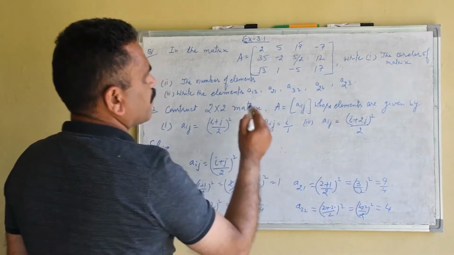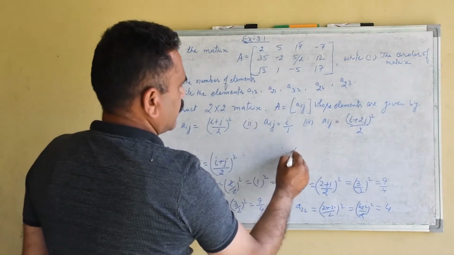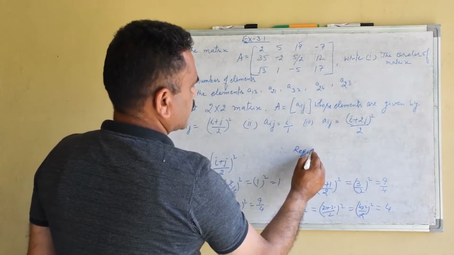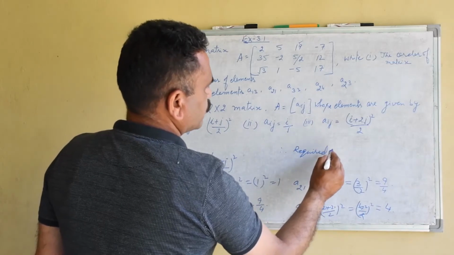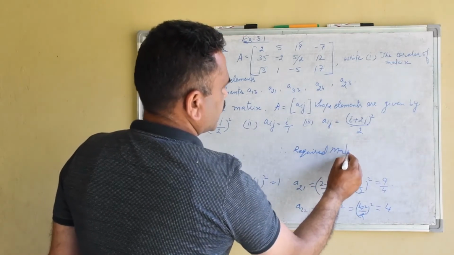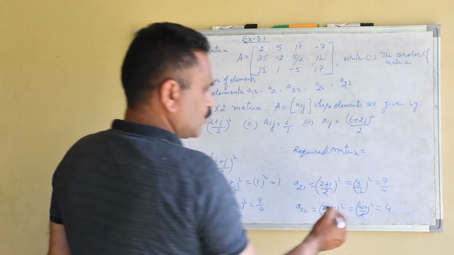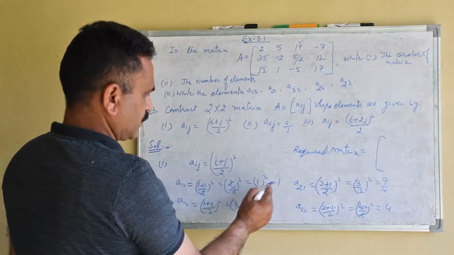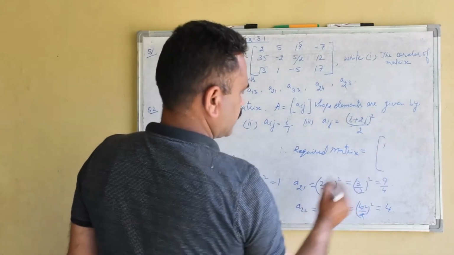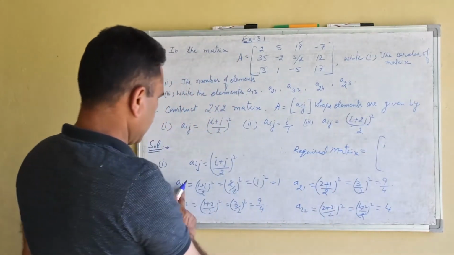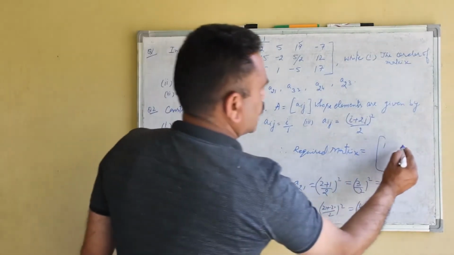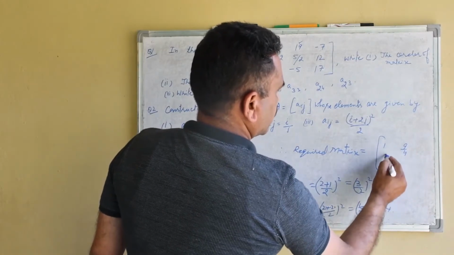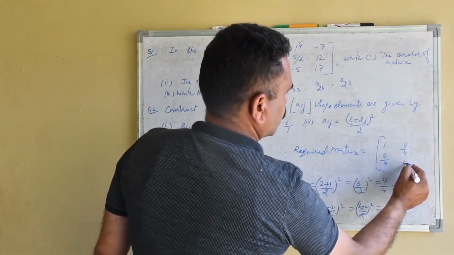Therefore, the required matrix that was asked of us is a matrix of order 2 by 2, 2 rows 2 columns. So the first element is 1, then A12 is 9 by 4, third is 9 by 4, fourth is 4.